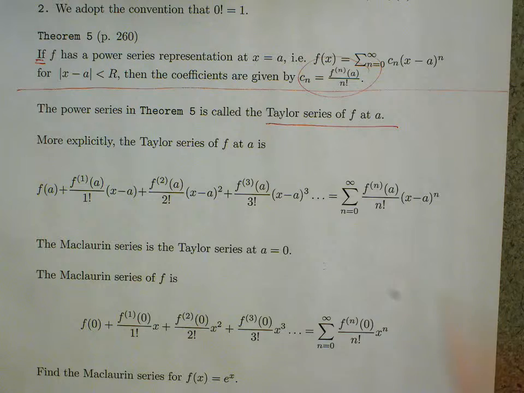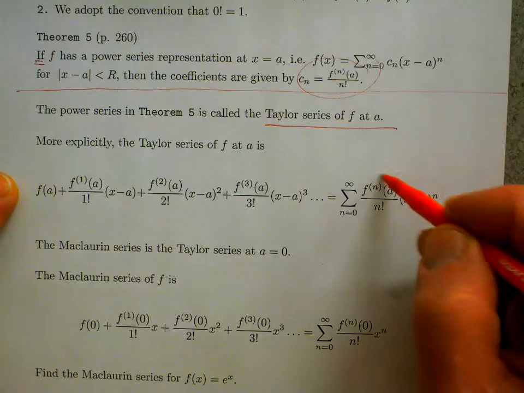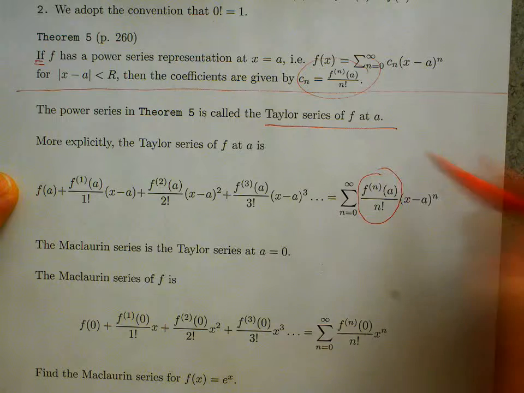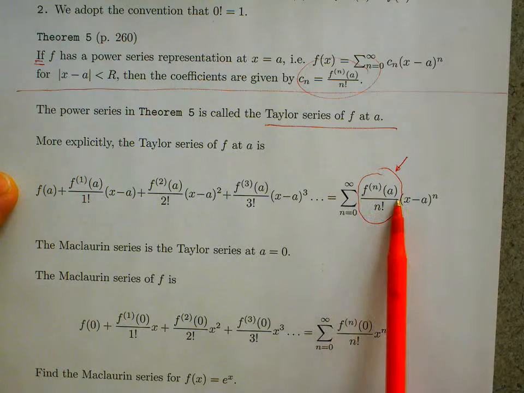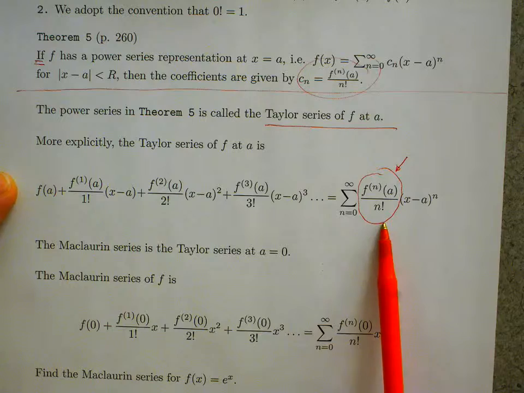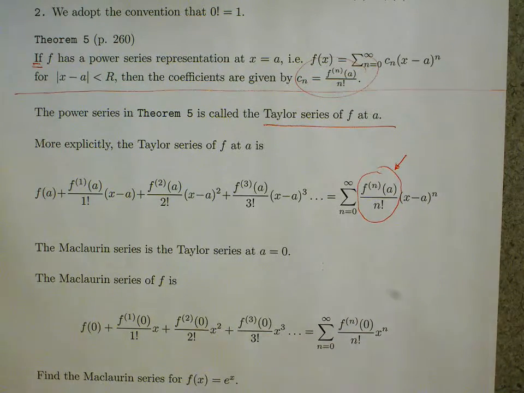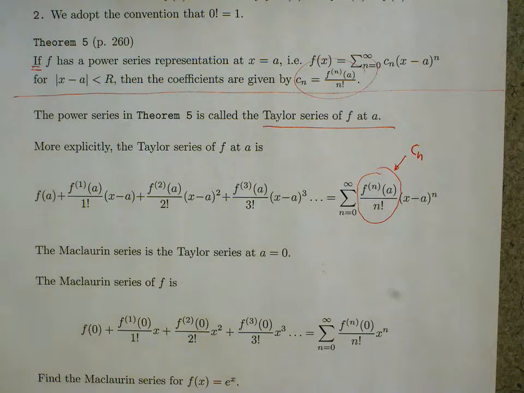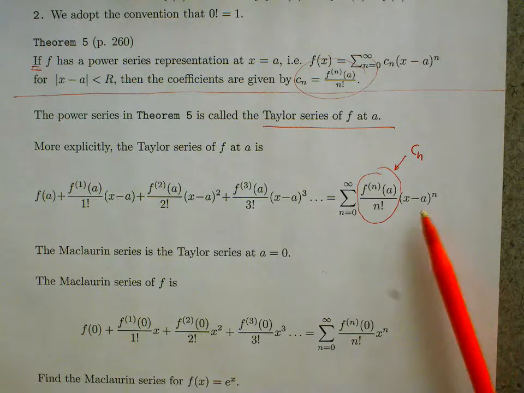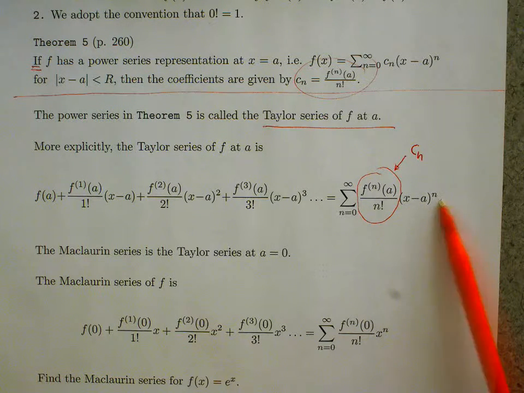And then in sigma notation, the nth derivative of f evaluated at a divided by n factorial, that is just the coefficient c sub n, and then the binomial x minus a to the nth power.